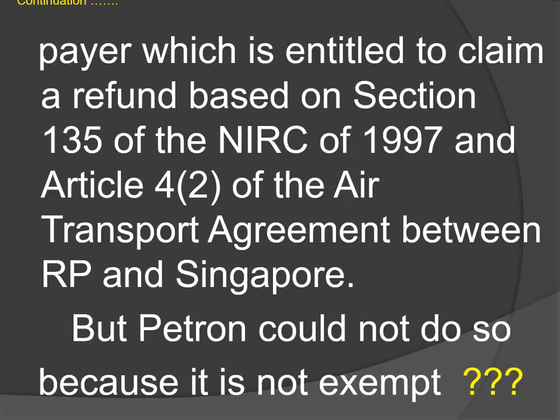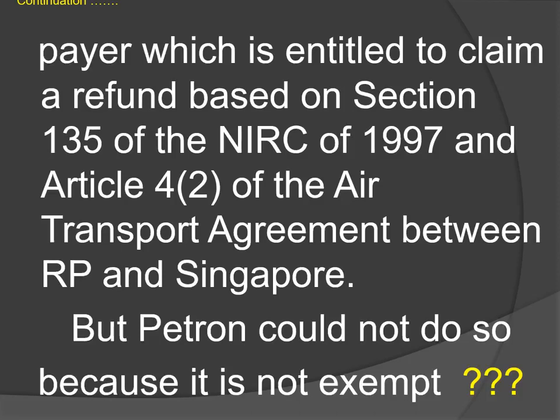Now, what was the story in the case of Silk Air? The Republic of the Philippines and the Republic of Singapore entered into an agreement whereby their national flag carriers are exempt from the payment of any kind of taxes whenever they buy or purchase items in the other country.